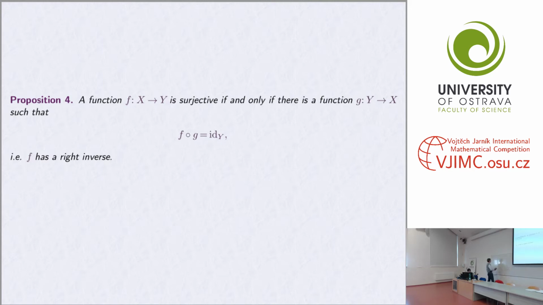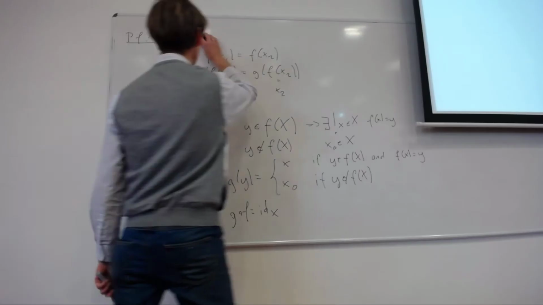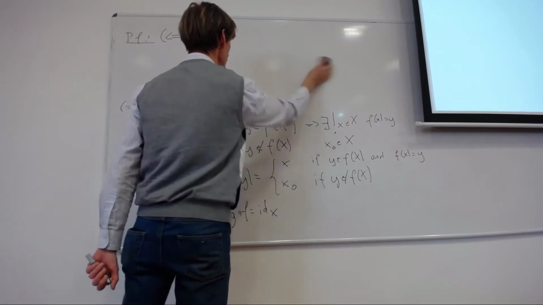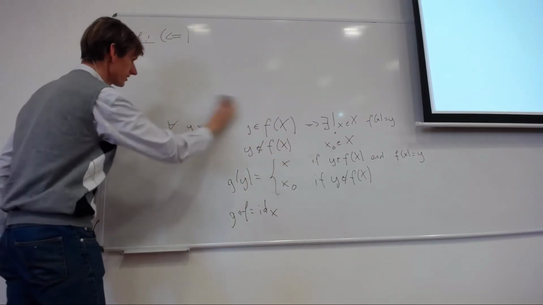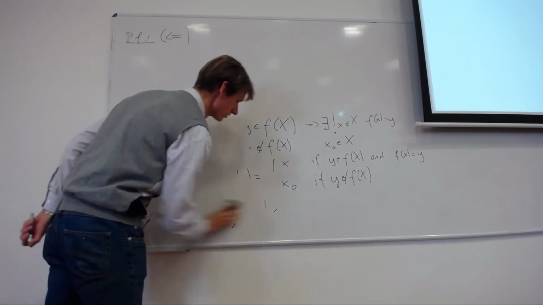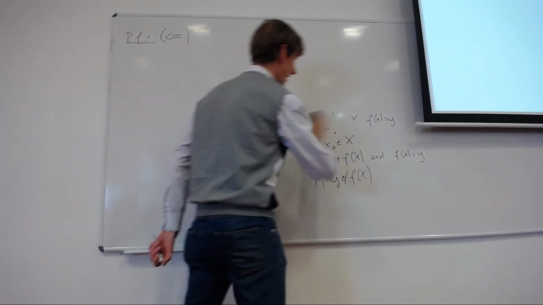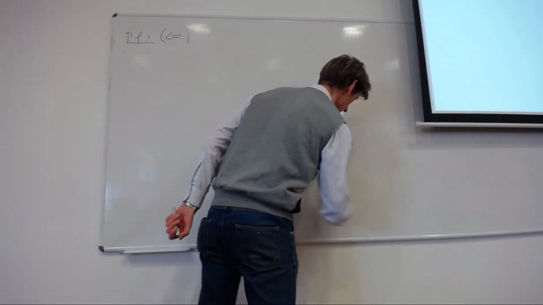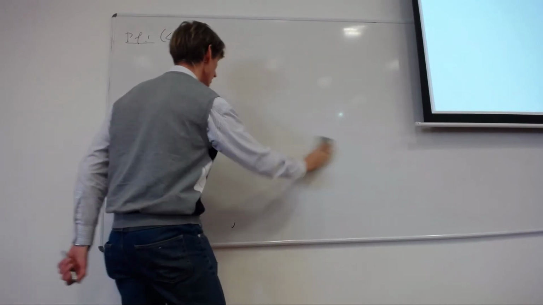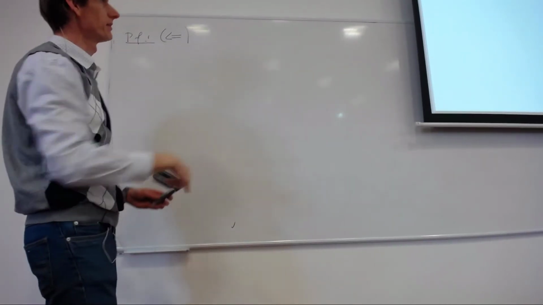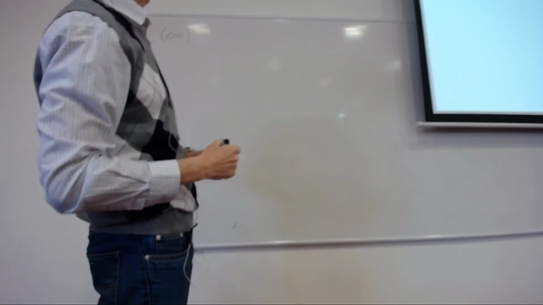Again, if we have a look at the proof of this theorem, which again is not complicated, we can go through it real fast. One way is really pretty straightforward.